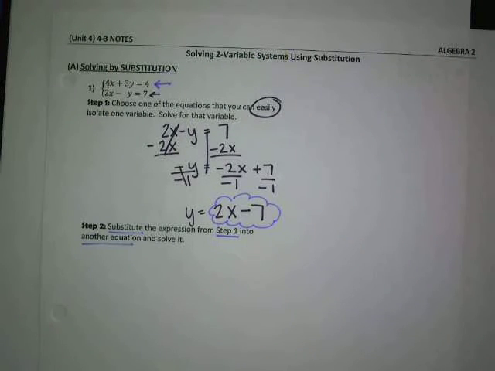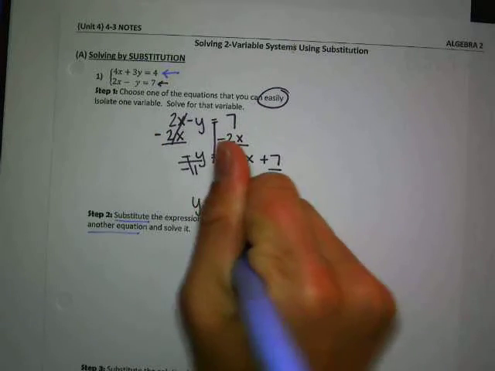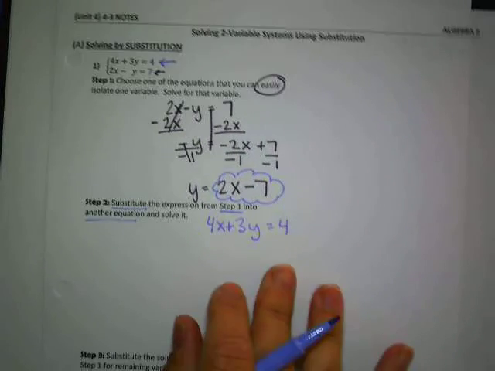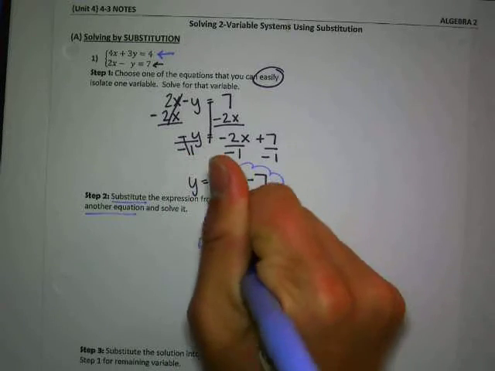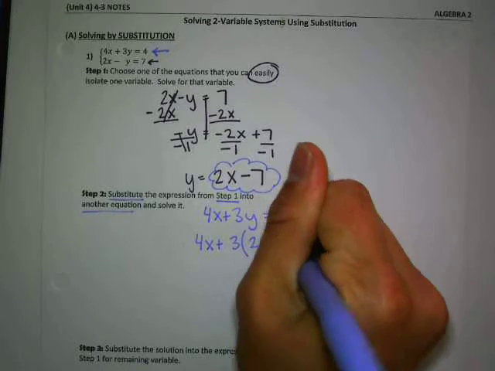And are you plugging it in for x or y? Y. Very good, because y equals this. So my other equation is 4x plus 3y equals 4, and I'm going to substitute in 2x minus 7 for y. So 4x plus 3, in place of the y, 2x minus 7.